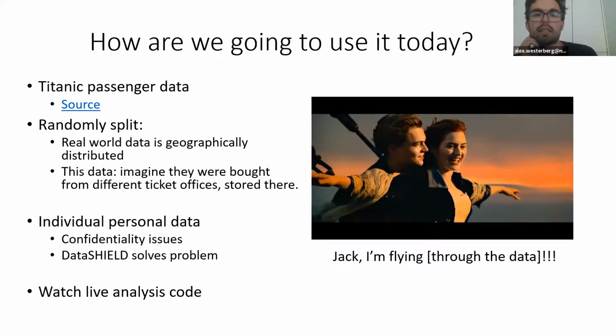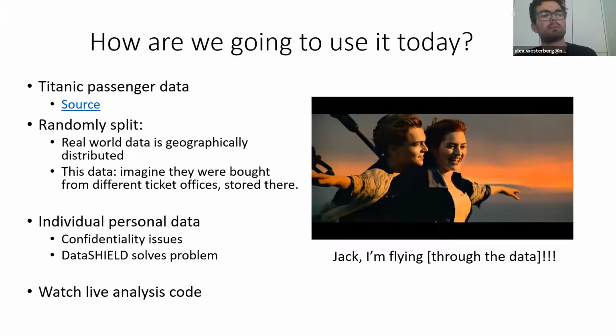So I chose Titanic passenger data because it is freely available online, but also because it contains individual personal data. So the dataset I found was rows of names, passenger classes, location of embark, where they embarked, and whether they survived or died in the Titanic disaster.